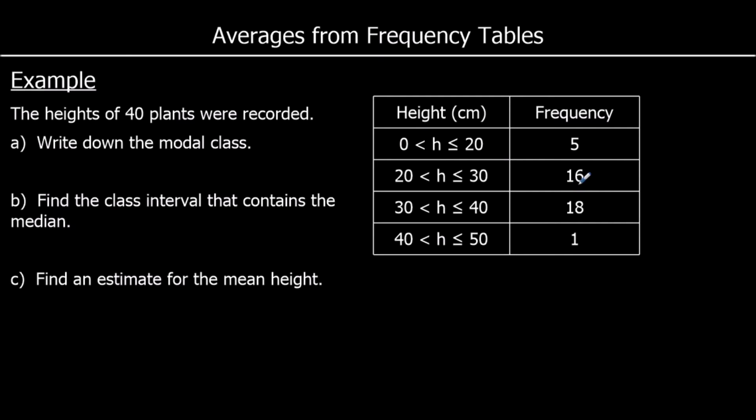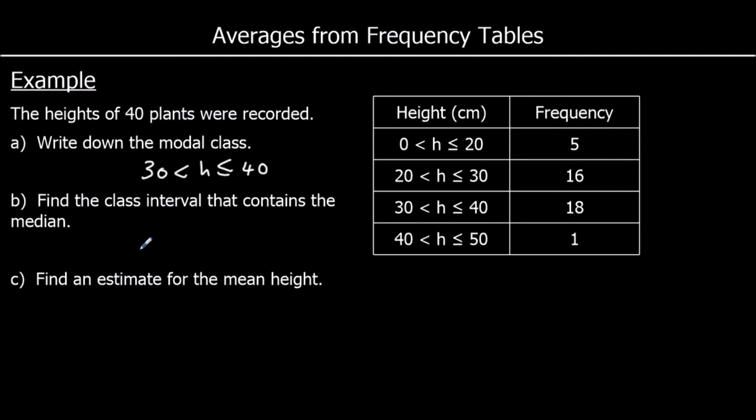There are 16 between 20 and 30, 18 between 30 and 40 centimeters, and 1 between 40 and 50 centimeters. So we're asked, what's the modal class, the most common class, the most common group? So that is the 30 to 40 centimeters group. There's 18 in there. So we just copy down this. So 30 to 40.